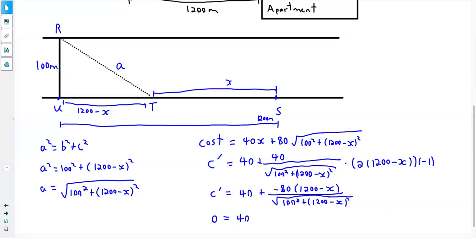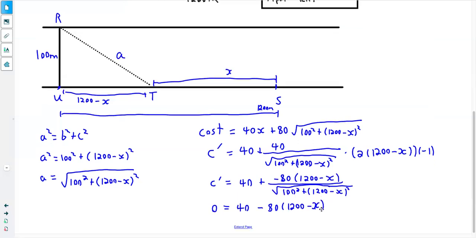So minus 80 times (1200 minus x) over the square root of 100 squared plus (1200 minus x) squared.